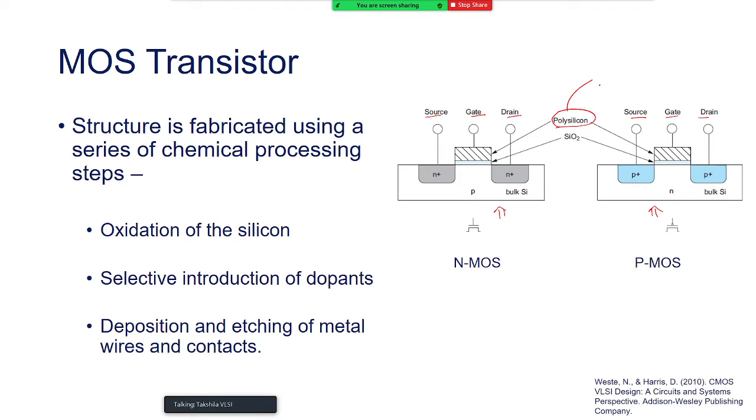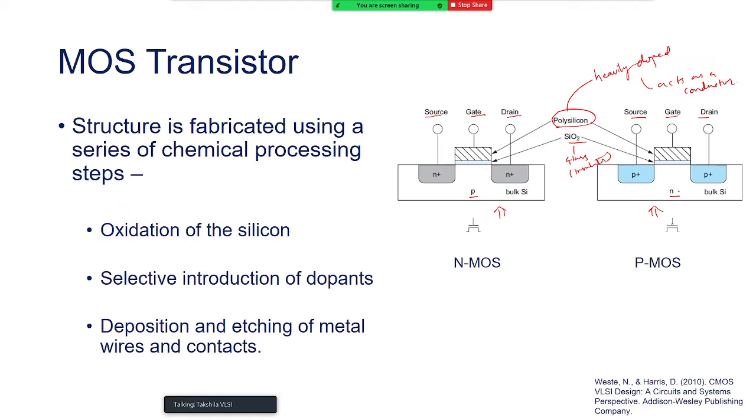It is a semiconductor, but it is heavily doped, so that it acts as a conductor. And silicon oxide is just glass, or we can say an insulator, and the body is the semiconductor, N or P.